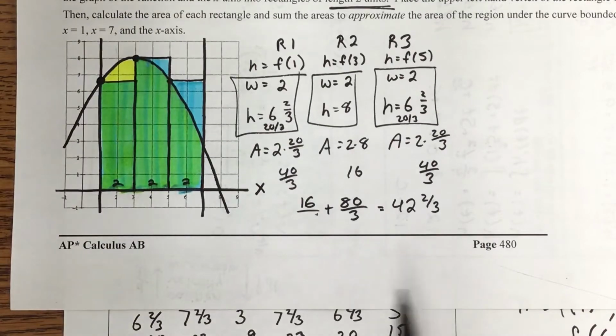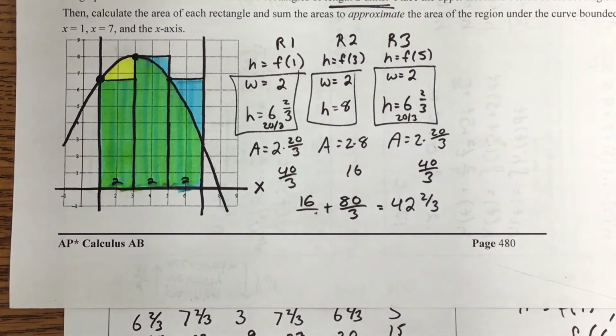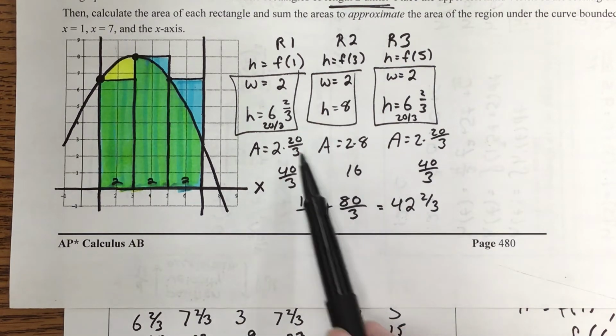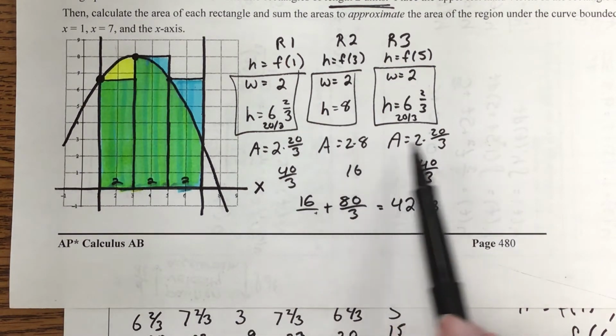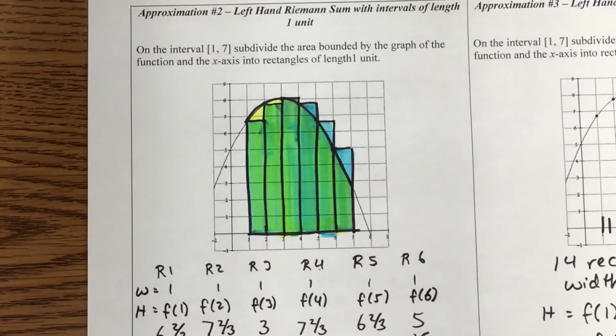Because why should you multiply by 2 3 different times? That is a waste of time and effort. Just add up all of your heights, so 20 over 3 plus 8 plus 20 over 3, and then multiply by 2, and you still get the same answer. That's what makes distributing and factoring so awesome.